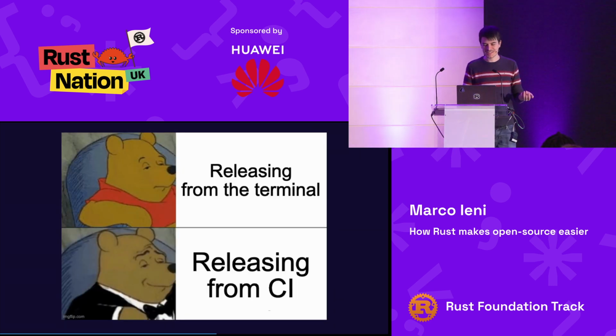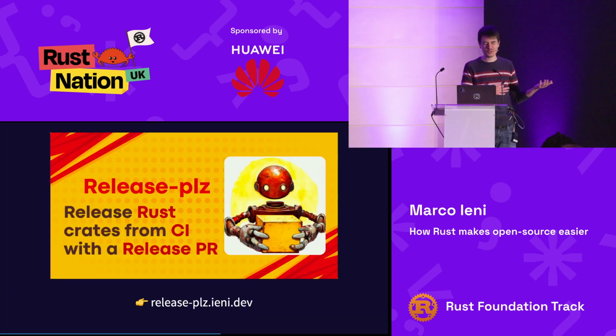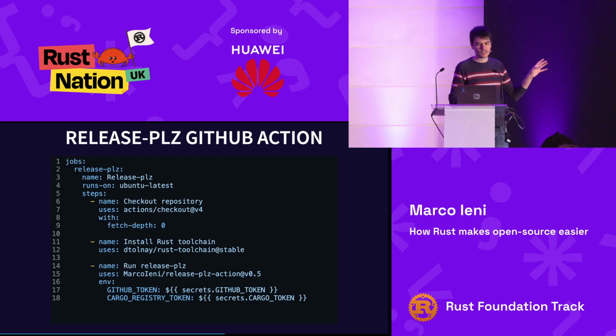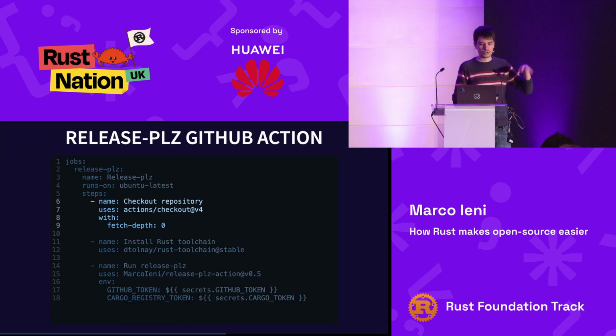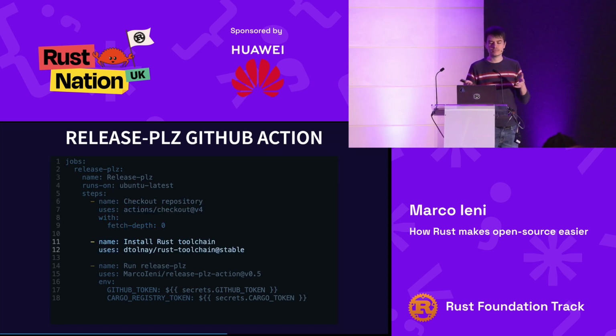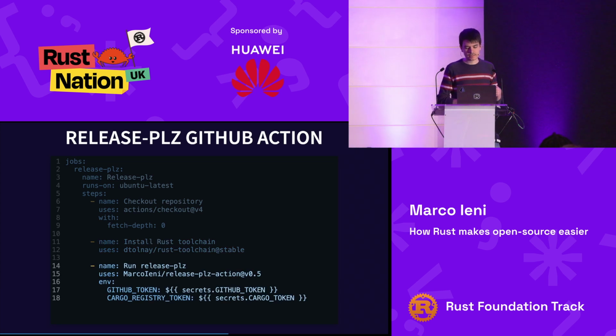So, yeah, what if we can release from CI, right? And I wrote this tool called Release Please, which allows you to release Rust crates from CI with a release PR. This is how the GitHub action looks. You check out your repository as always, you install the Rust toolchain with whatever your preferred GitHub action is these days, and you run release-please.